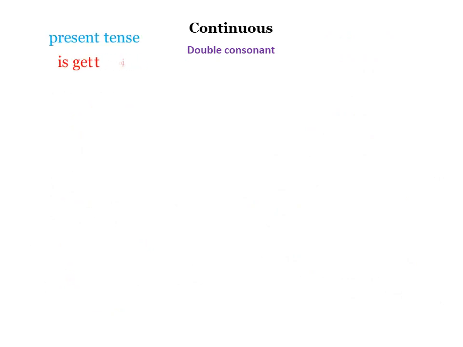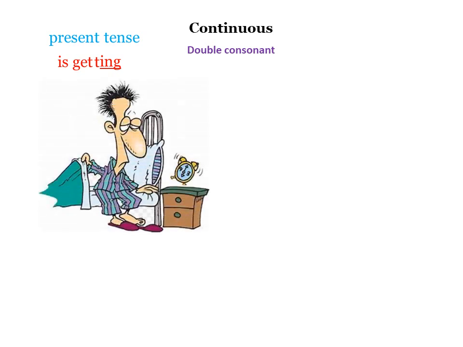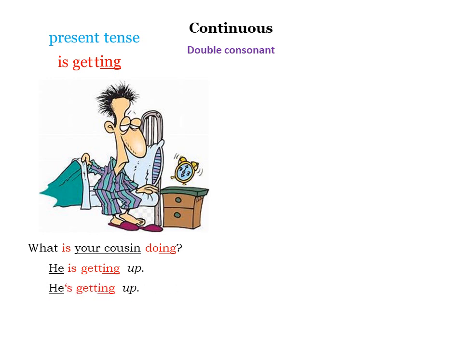Present tense is getting. What is your cousin doing? He is getting up. He's getting up.